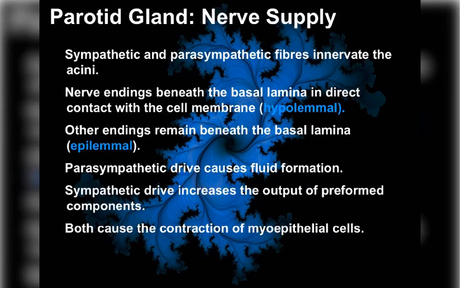Sympathetic and parasympathetic fibers innervate the acini. We have nerve endings between the basal lamina in direct contact with the cell membrane. These are called hypolemmal nerve fibers. Other endings remain beneath the basal lamina, called epilemmal nerve fibers.